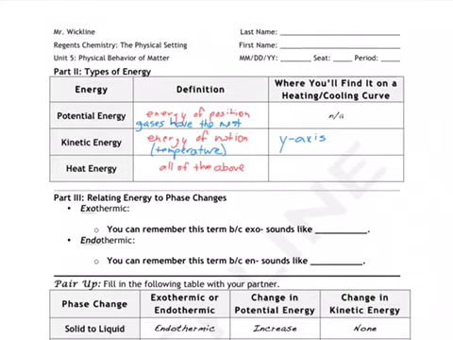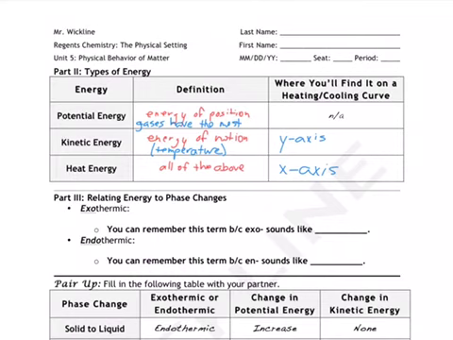So when substances are being heated over time, you will see changes in potential energy alternate with changes in kinetic energy. But throughout that entire period, heat energy is being absorbed. So that's why we generalize the term heat to mean all the kinds of potential and kinetic energy. Where you'll find it on the heating cooling curve is, in a way, the x-axis, because the x-axis is showing you that heat is being applied constantly over time.